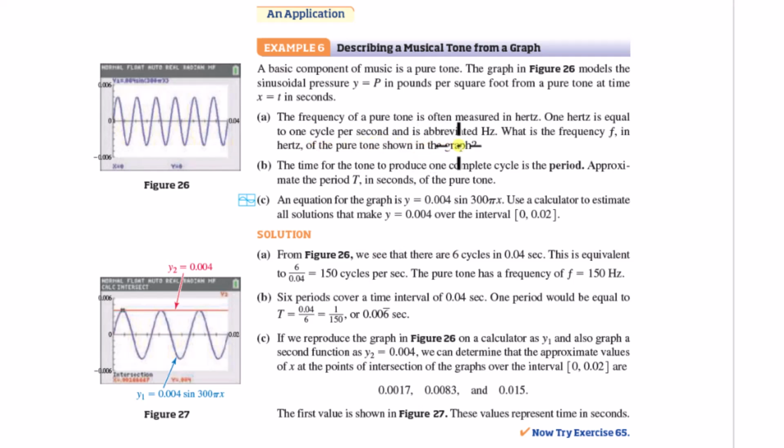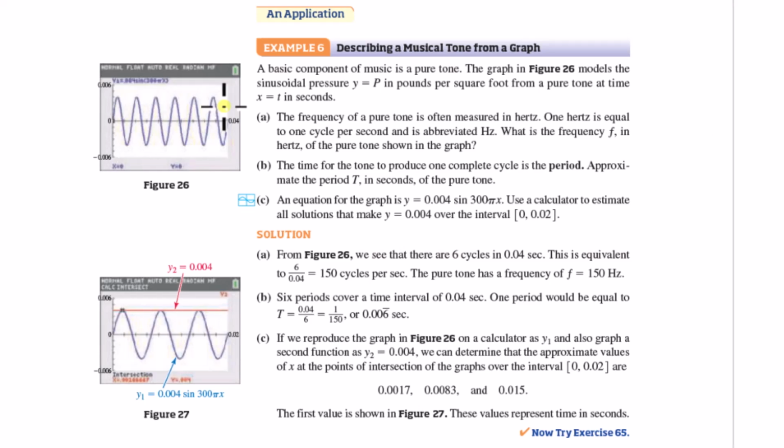What is the frequency f in hertz of the pure tone shown in the graph? So here we've got 0.04 seconds, and there's 1, 2, 3, 4, 5, 6.